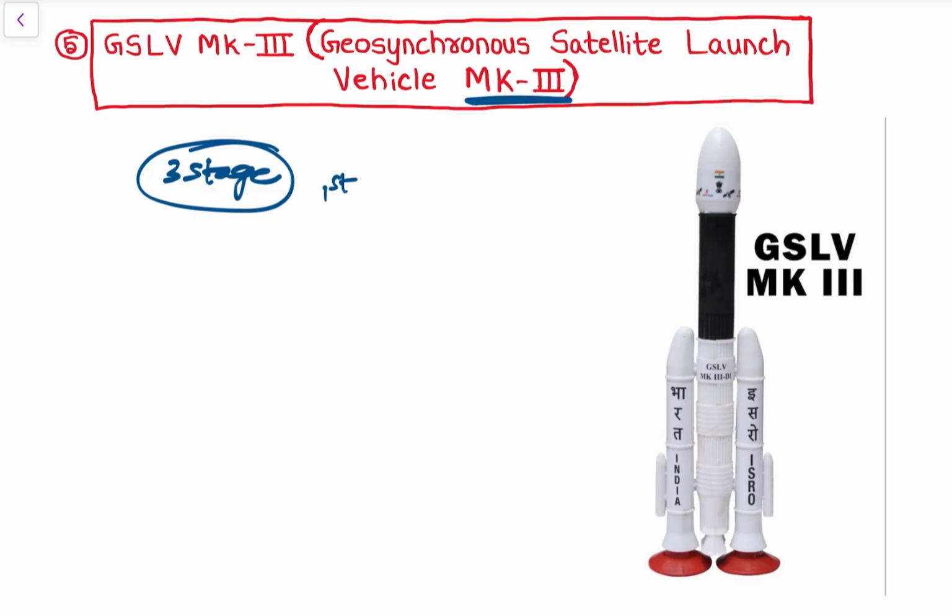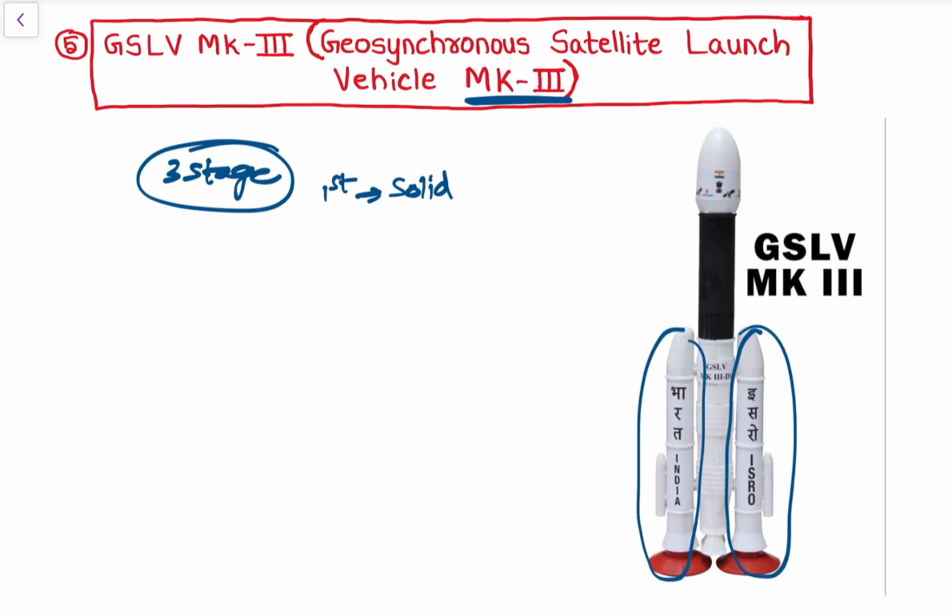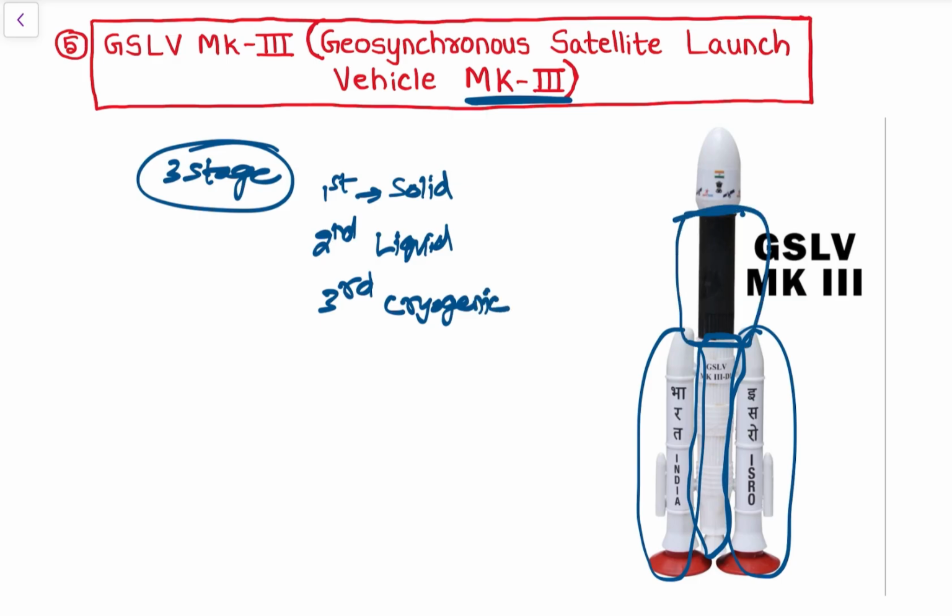First is solid, these two in the first stage we will be using solid, and second is liquid. See, this is liquid, and third is cryogenic. The third is the cryogenic upper stage.